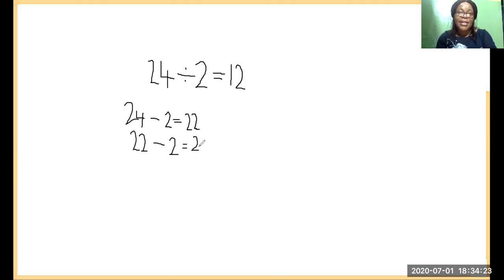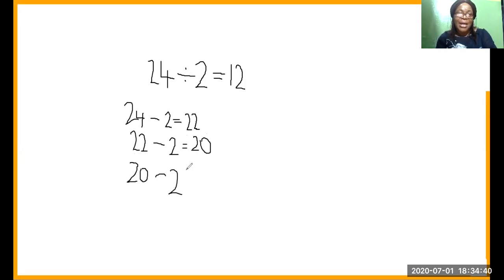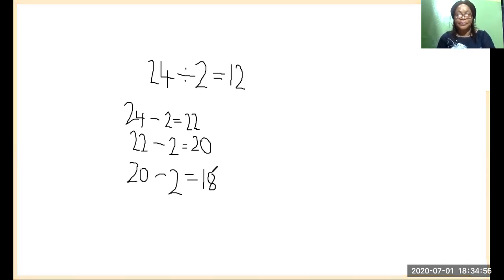Now you have to work this out until you get to 2 take away 2. By the time you get to 2 take away 2, you would have arrived at your answer, to know how many times 2 will go in 24.